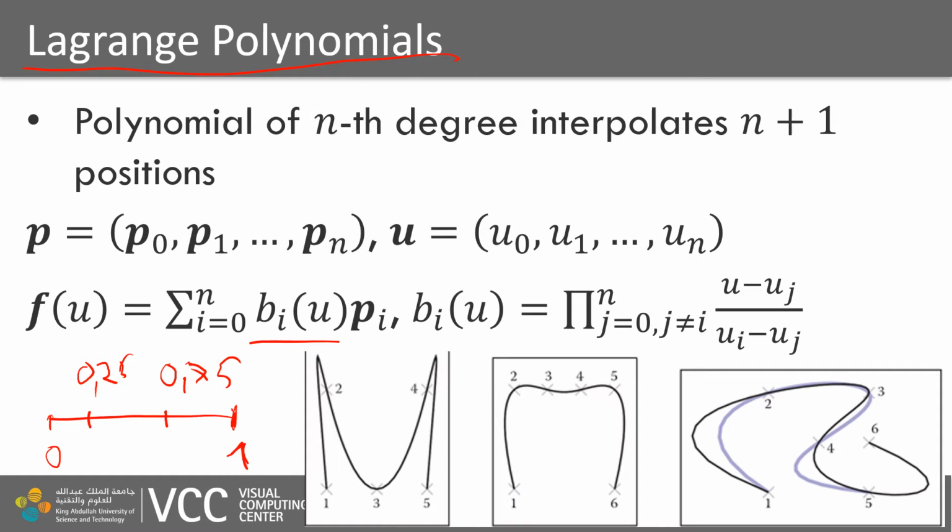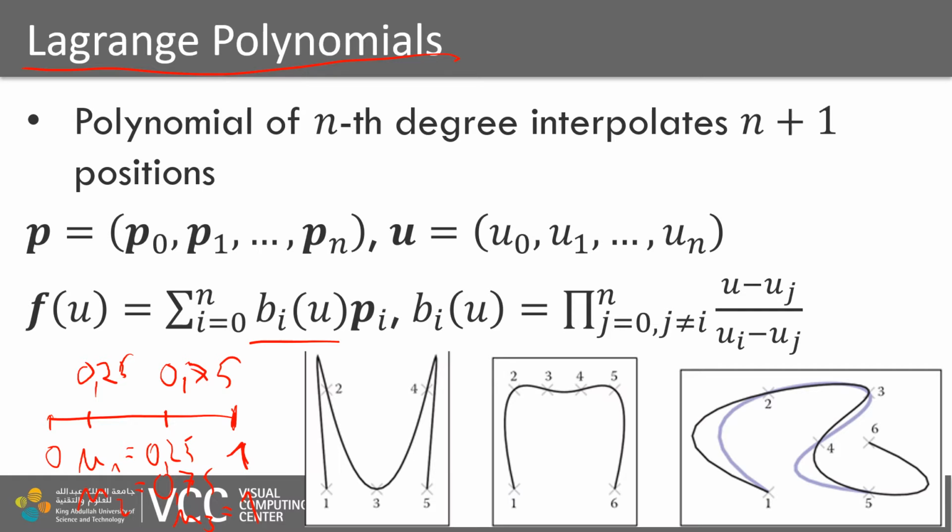So these will be our ui values: u1 will be 0.25, u2 will be 0.75, and u3 will be 1.